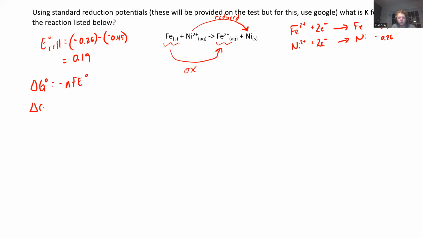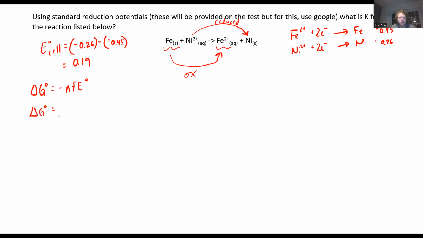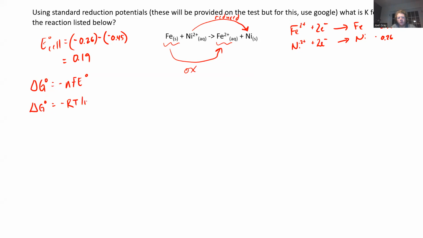We also know that delta G naught equals negative RT ln K. Now, as a result, we can say negative nFE naught is equal to negative RT ln K. We can use that to say nFE naught equals RT ln K. What we want to solve for is this K, so I'm going to put that by itself.